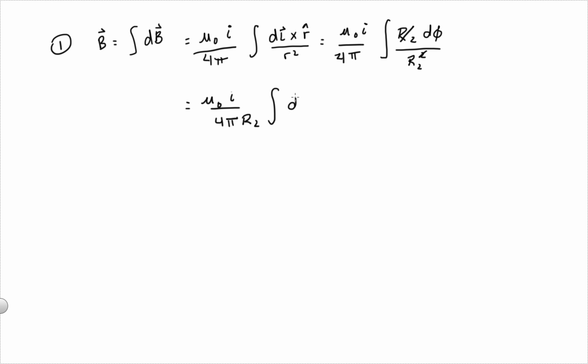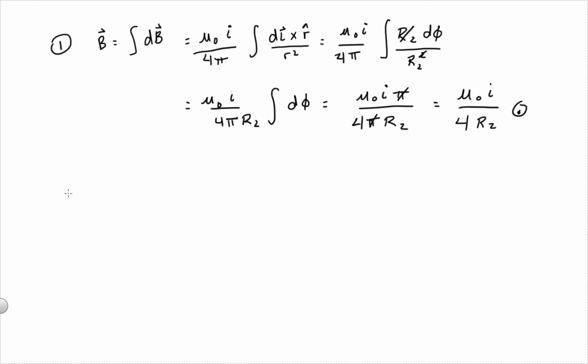And we're going to integrate over our angle phi, which in this case is a semicircle, and so we're going to get a pi as our angle. And this is going to be 4 pi r2. Pi's cancel. And so we're left with mu naught I over 4 r2 coming out of the page.